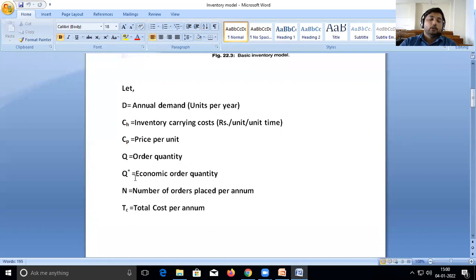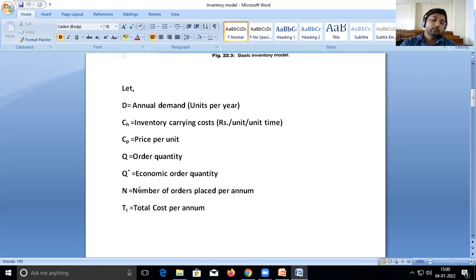Now Q star, that is our unknown part. We need to determine Q star; our model is running behind this particular Q star only. Q star is the economical order quantity, in which our total annual inventory cost will be minimum.